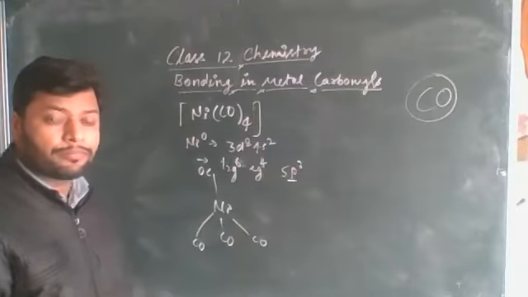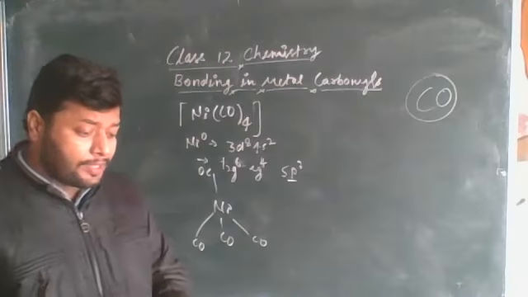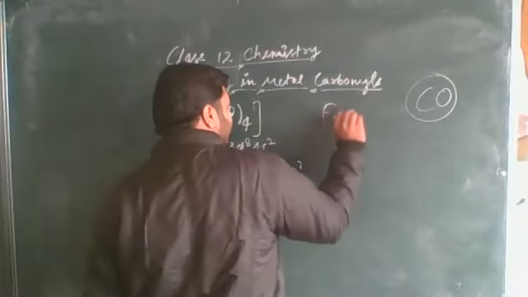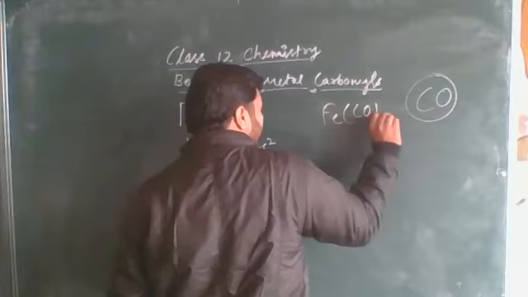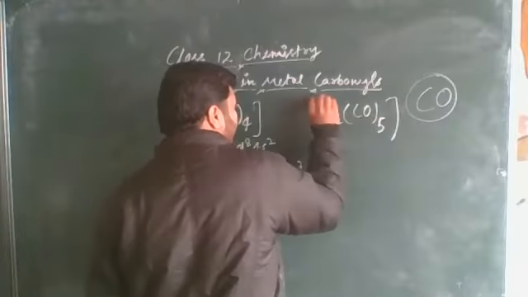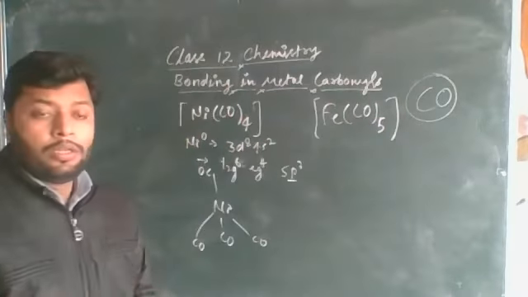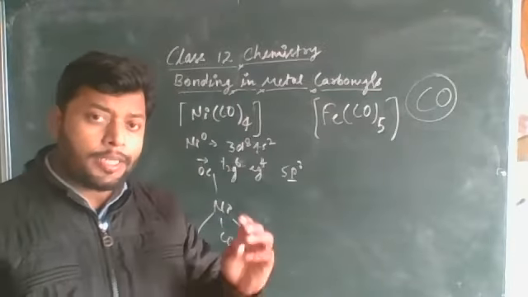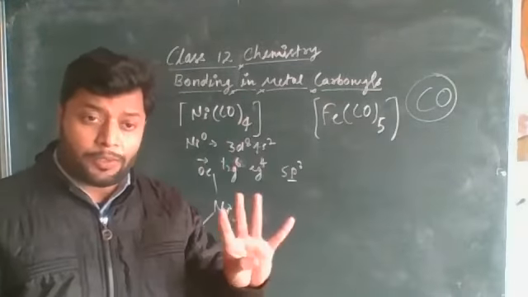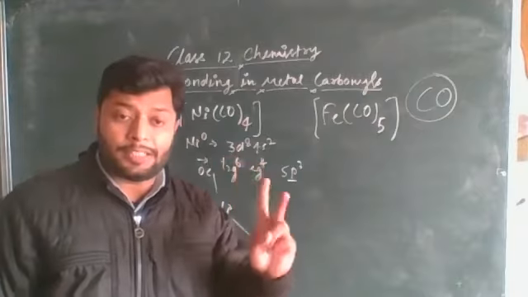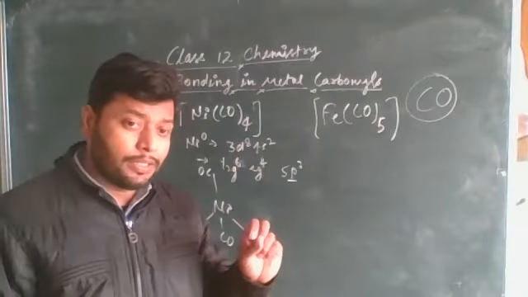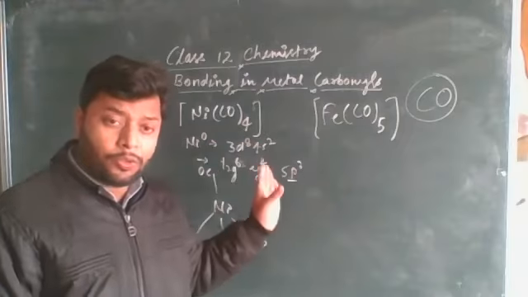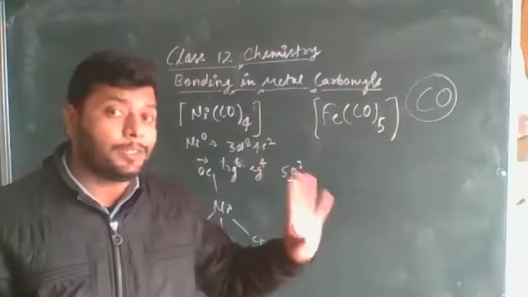This is the condition. The next complex is Fe(CO)5. I explained in the previous lectures that coordination number 4 can give two different types of hybridization and two different types of geometry: if sp3, tetrahedral takes place; if dsp2, square planar takes place.